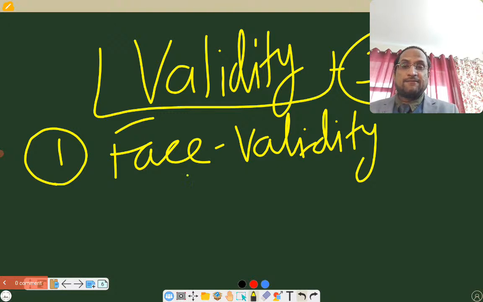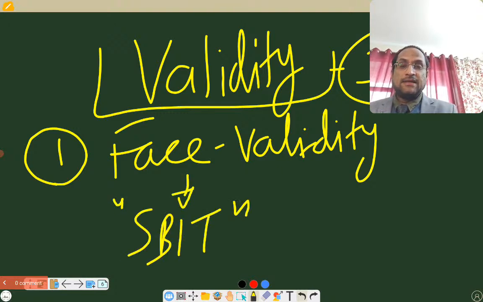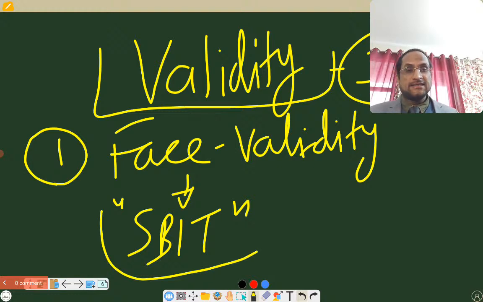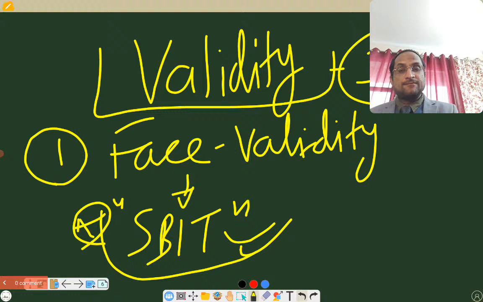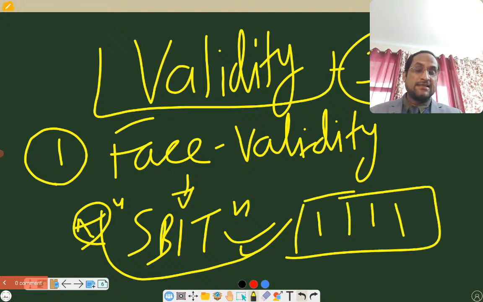So when we say SBIT, Simon Binet or Stanford Binet intelligence test, then what does it suggest? Just having the nomenclature, after that going through the booklet where the test is there, a paper and pencil test. What is paper pencil? Take a paper, take a pencil or pen, and write the test. That is a paper pencil test.